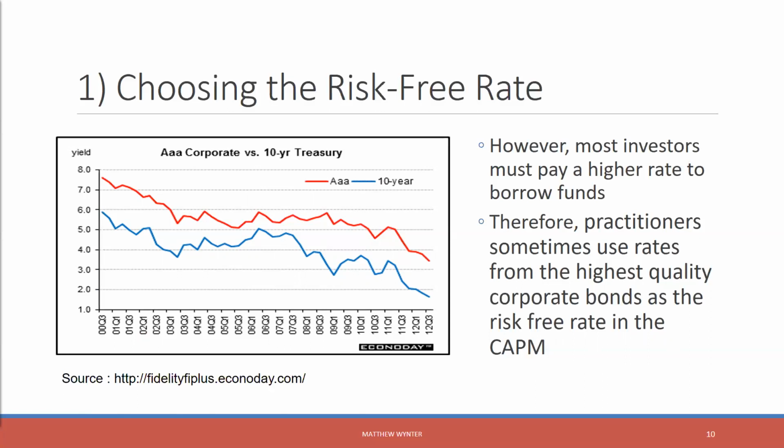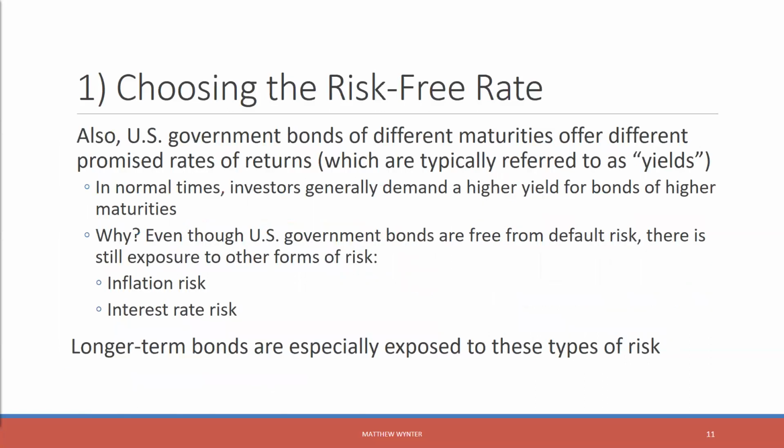And what you'll notice is that that red line, the AAA rate, is consistently higher than the 10-year return for the US government bond. Now, just because the bond is risk-free doesn't mean that it's without risk. It's still risky. As an investor, if I'm holding a US government bond, I'm going to be worried about two things: inflation risk and interest rate risk.